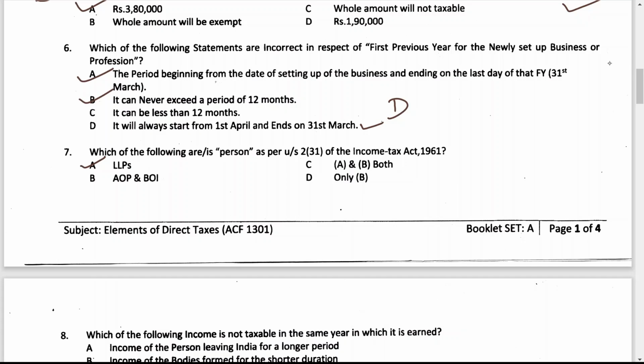A firm is one type of person, and a limited liability partnership is one type of partnership firm, so that is also considered a person. So A and B both are your answer, and that is why C will become your answer. The answer for this question is C.